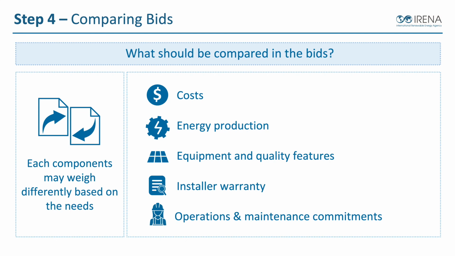So really verifying not only the cost, but the system size, energy production, equipment and quality features. That's a really big one. There's a lot of very cheap equipment out there on the market that's just not going to last very long or may not have the functionality or the features that we're looking for.